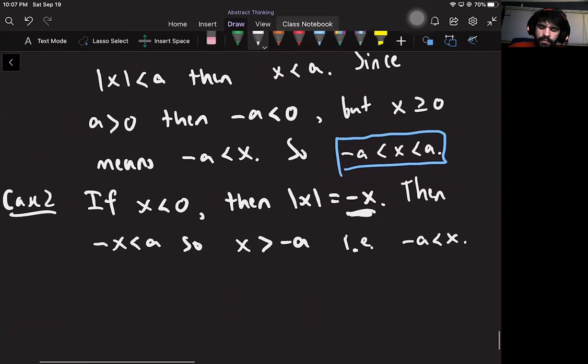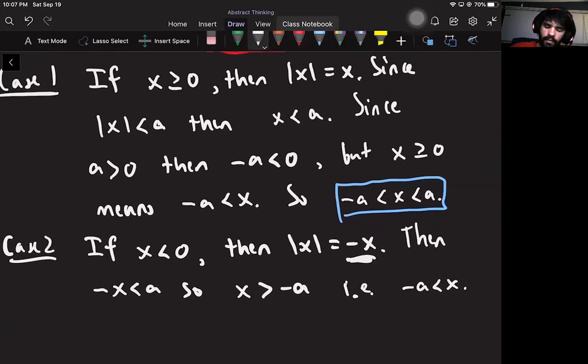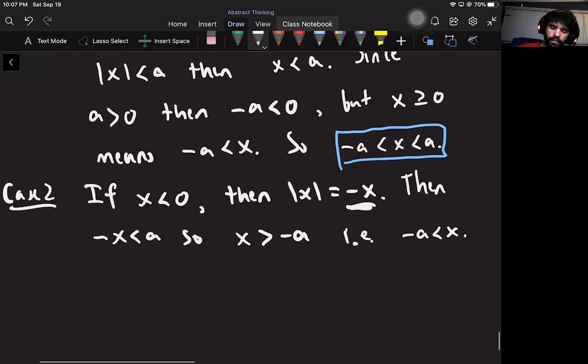Now I probably want to do the same step as before. I already thought about negative A, so maybe now I want to think about positive A. Oh, I see. This part's easier.